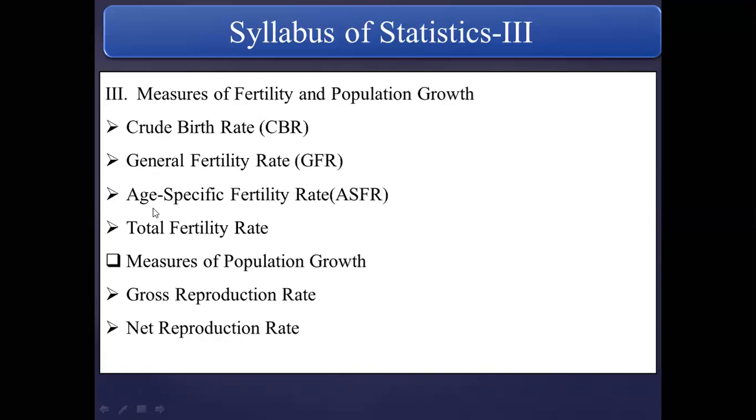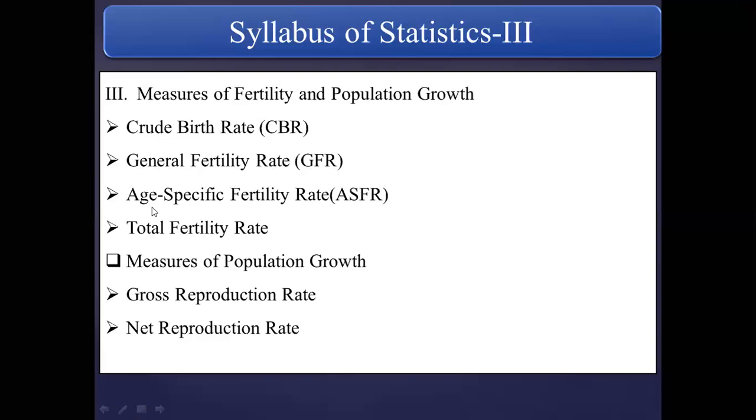After that, we'll see the age specific fertility rate, age group wise, because we know very well a woman having an age between 25 to 29 has more power to produce a child compared to a woman having an age of 40 to 45.